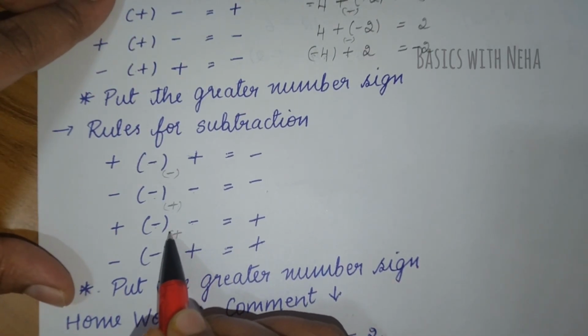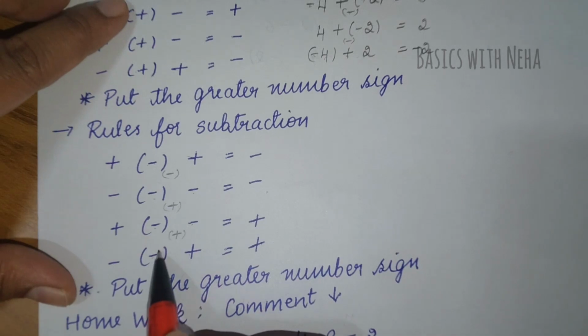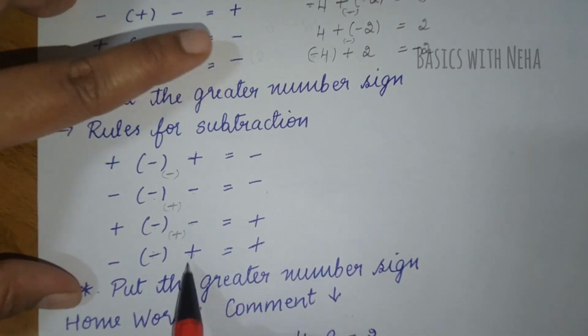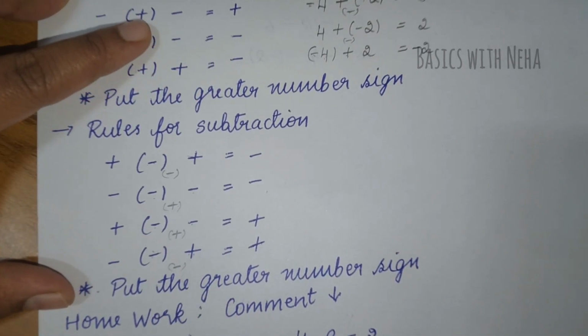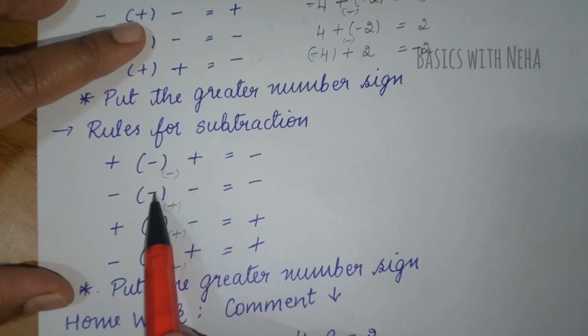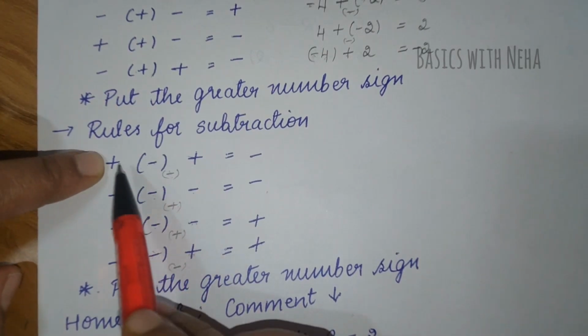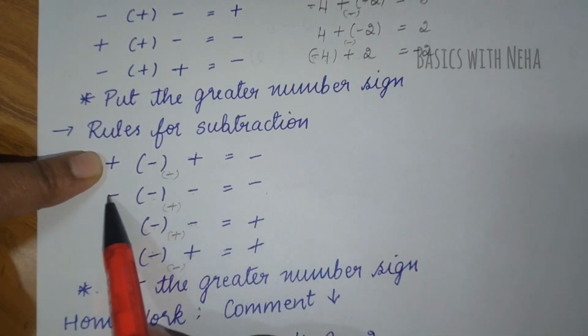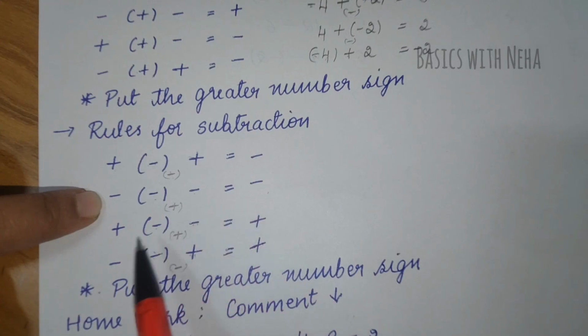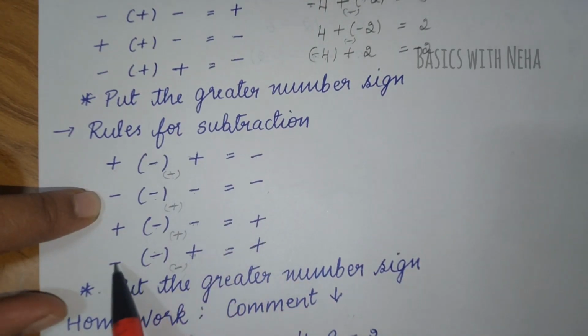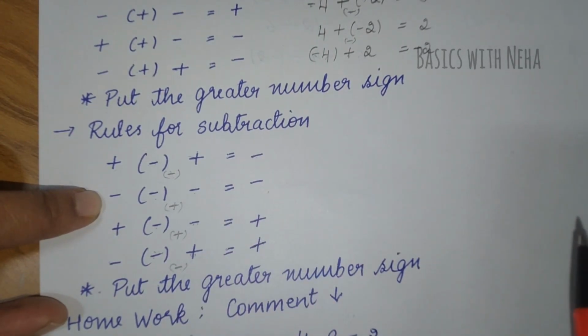So this becomes plus. Plus minus, that is minus plus, is minus. First we have to multiply these two and then we have to multiply these two. Now I have plus minus is minus, minus plus is minus, plus plus is plus, minus minus is plus.